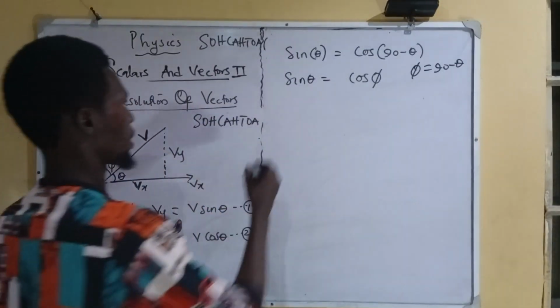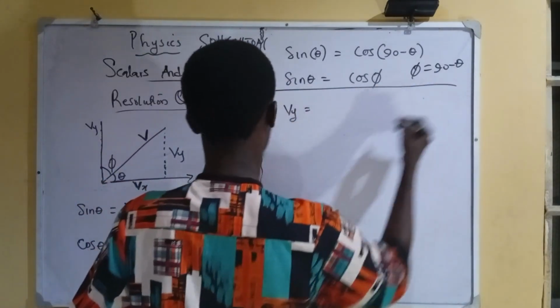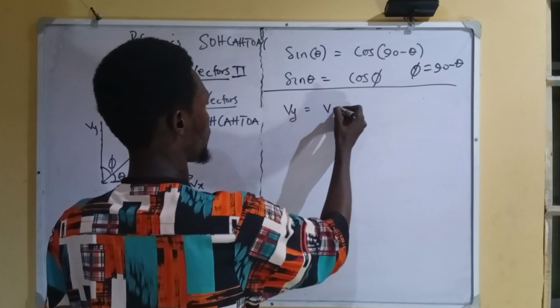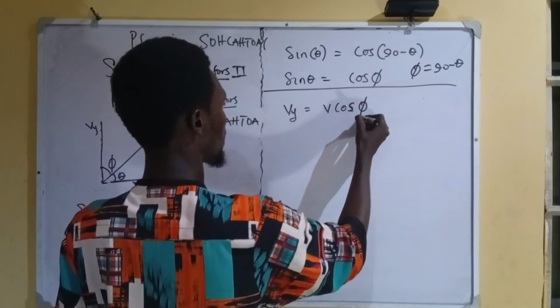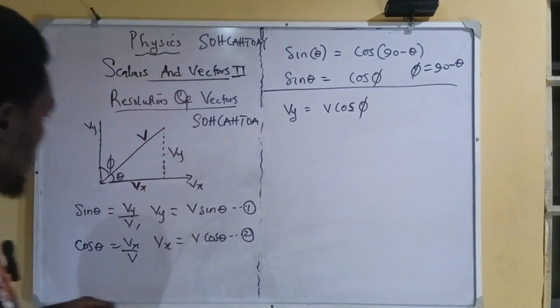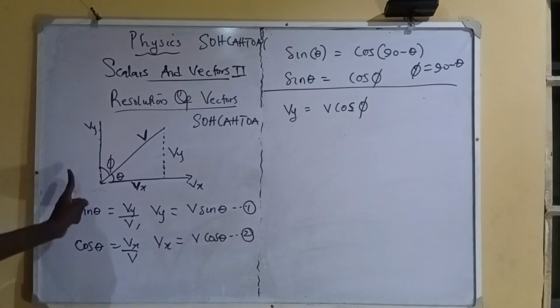So in that case, we can have the vertical component to be this cos, the angle of inclination measured from the vertical.